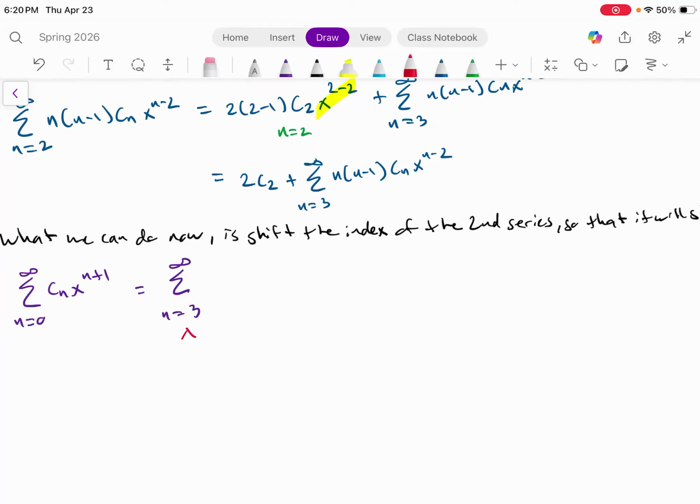So what that means is we add 3 to the index. But if we add 3 to the index, we subtract 3 from every n inside of the power series. So this would be like n minus 3 plus 1.